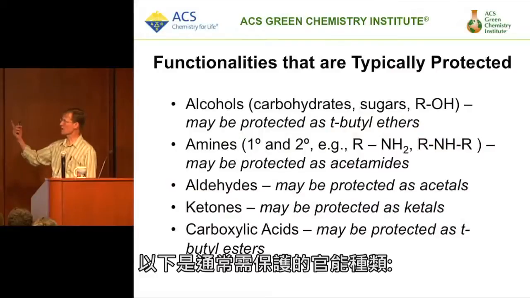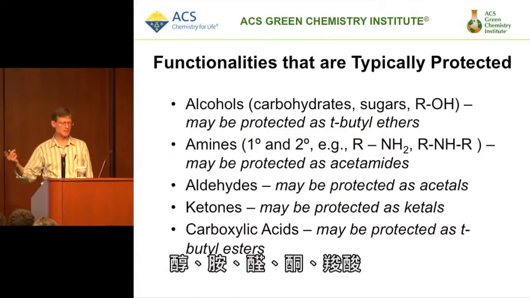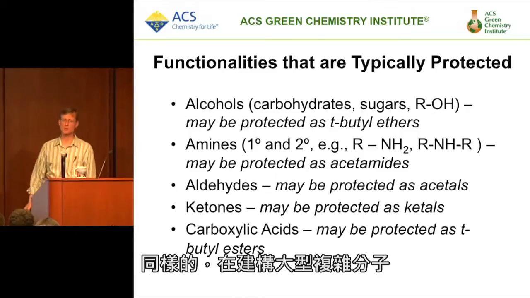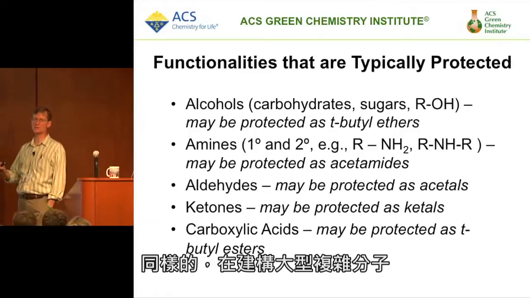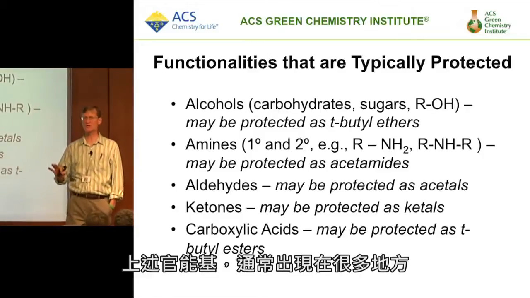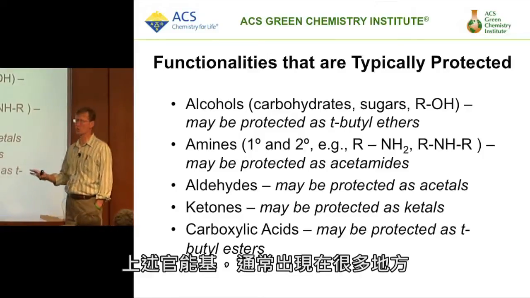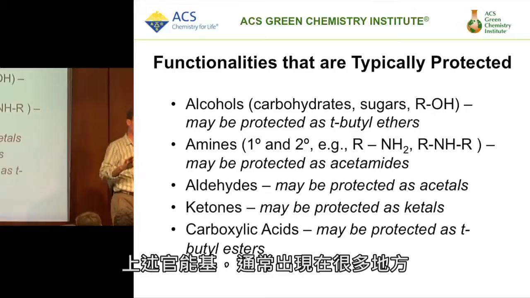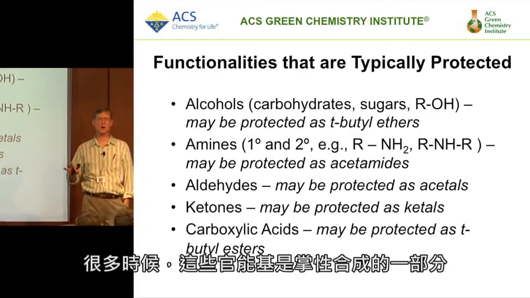So typically, these are the kinds of functionalities that are protected: alcohols, amines, aldehydes, ketones, carboxylic acids. Again, when you're building large complex molecules, pharmaceuticals, and agrochemicals, these functionalities are usually found in multiple places, and many times these kinds of functionalities are part of the chiral synthesis.